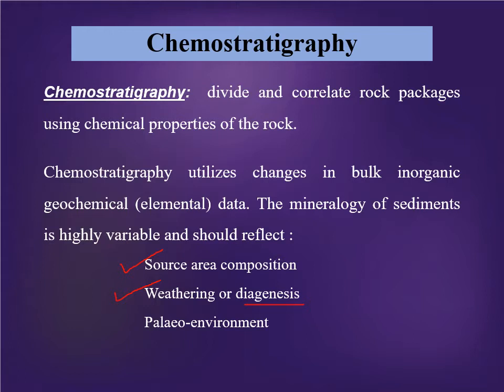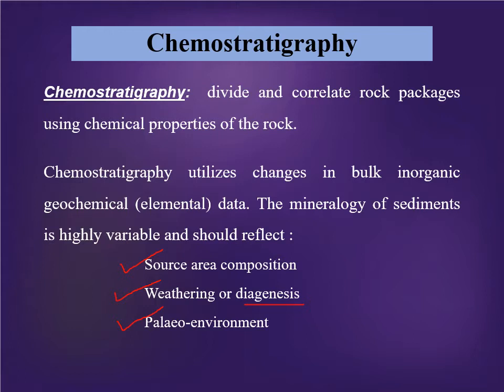So due to these two factors, weathering and diagenesis, the ultimate elemental concentration or mineralogical composition of any layer will vary. And lastly, the environment of deposition. Certain particular environments are favorable for particular mineral deposition. In every environment, every mineral cannot be deposited.